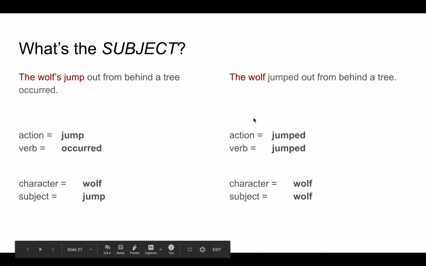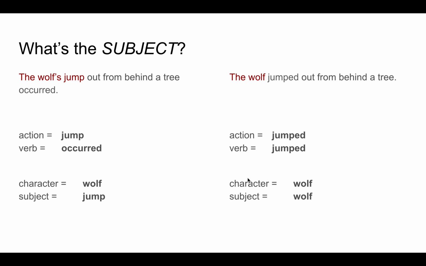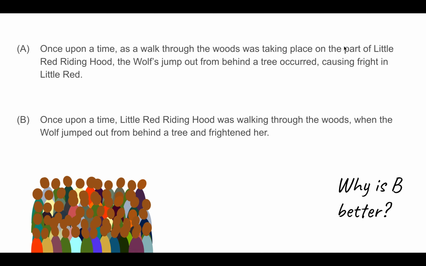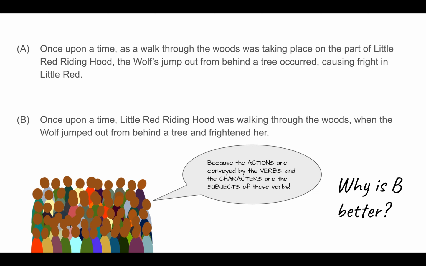This is the version of the story that we like better. This is the version of the story that we feel is more clear, tells the story more clearly. Can you begin to see now why we like version B better? Give you a second to think about it. Here it is.